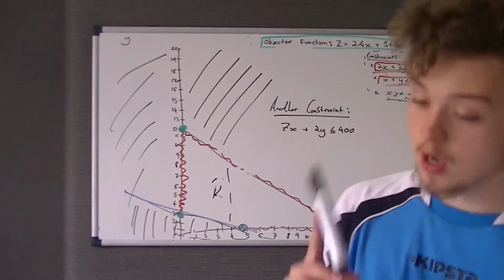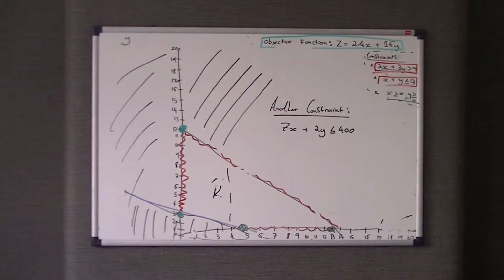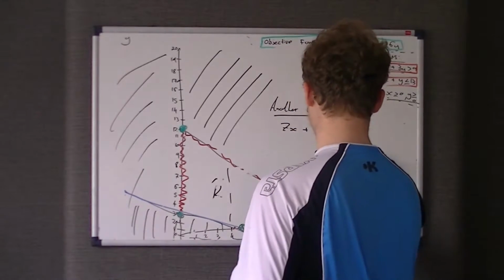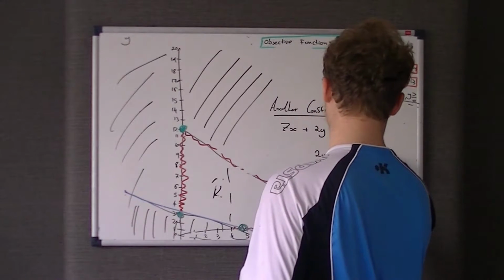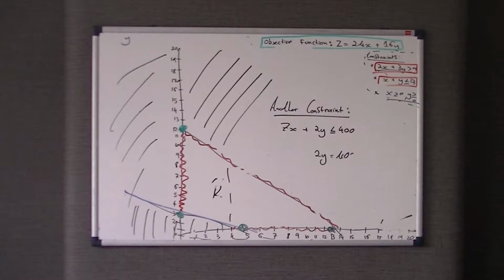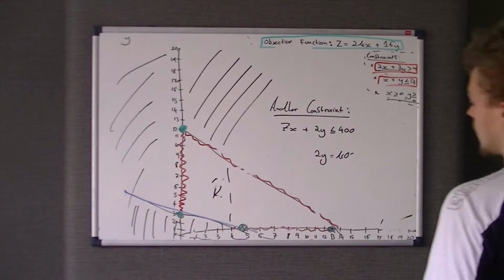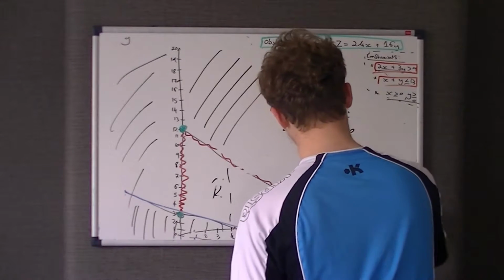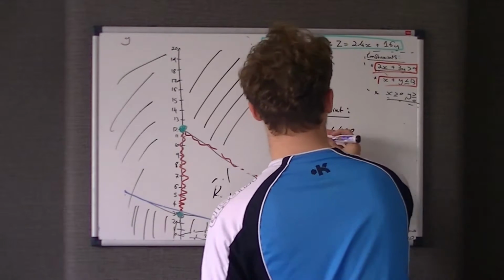I'm going to check where it crosses the y-axis, and we know where it crosses the y-axis, x is equal to 0. Oh, sorry, 7x plus 20y, not 2y.